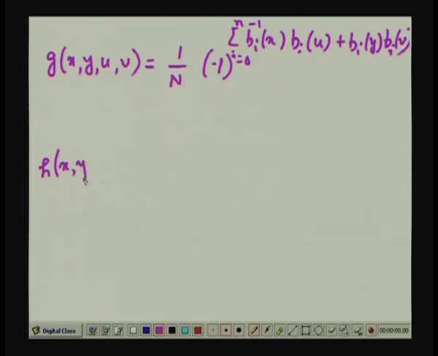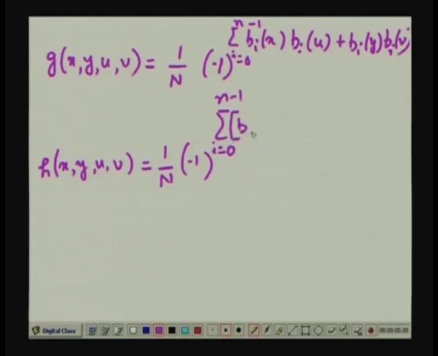by h x y u v, which is same as g x y u v, that is 1 upon capital N minus 1 to the power summation I equal to 0 to lowercase n minus 1 into b I x into b I u plus b I y into b I v.